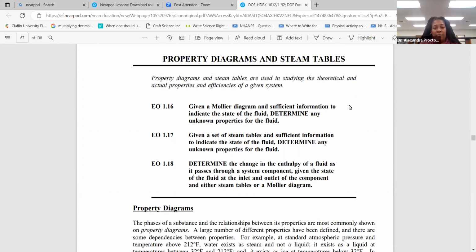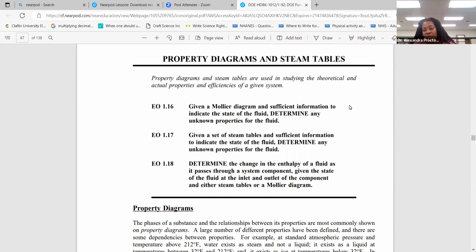So the outcomes are: given the Mollier diagram and sufficient information, indicate the state of the fluid and determine any unknown property for a liquid. Then, given a set of steam tables and sufficient information to indicate the state of the fluid, we're going to determine the unknown properties for the fluid.